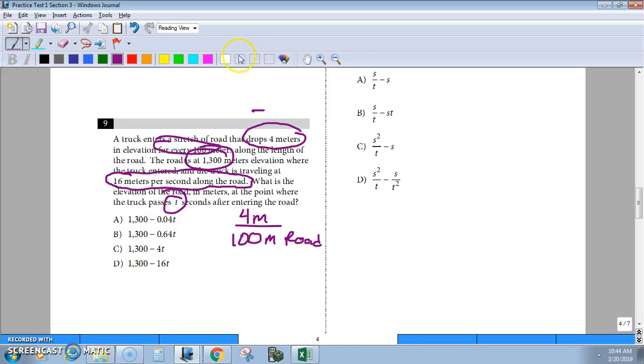Look, so we know that dropped means we're going to have minus, but they're all minus and they're all 1,300 minus, so we can't eliminate anything else yet. But the other thing I know is my ratio here of 4 meters down for every 100 meters of road. So what does 4 over 100 look like as a decimal?